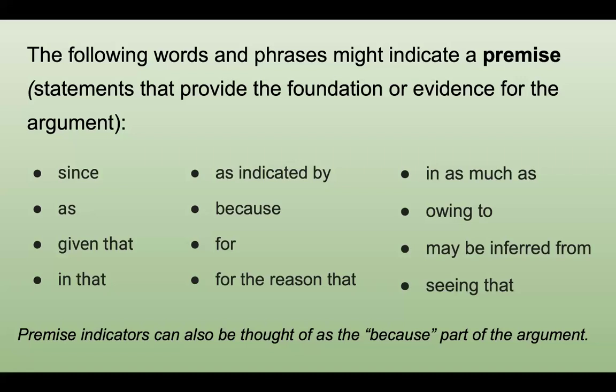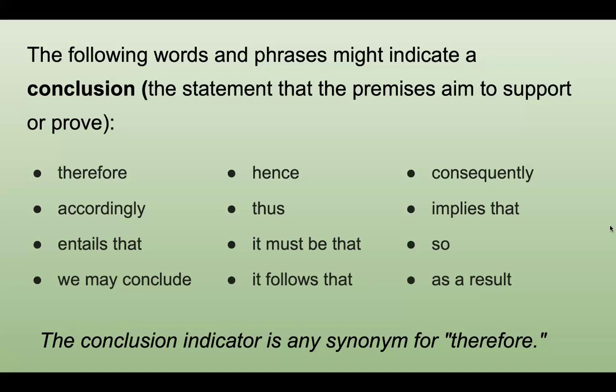They're saying the argument is true because, and if you see these words show up in something you're reading, that's going to tell you that's one of the premises. And then similar for the conclusion element of an argument, you might think of a conclusion as a synonym for therefore.